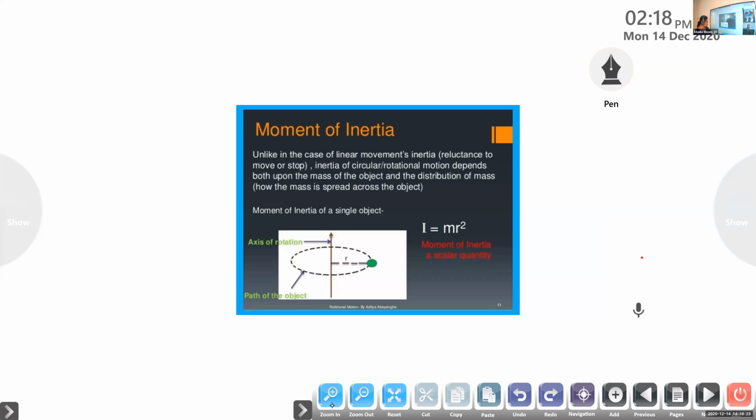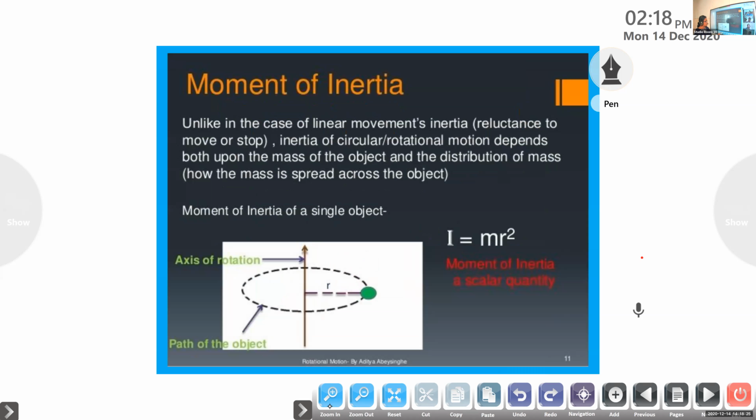So now you come to the last session of this chapter, moment of inertia. In linear motion, we call inertia the ability or tendency of an object to resist its motion. Similarly, moment of inertia, moment of force, moment of angular momentum. You see, in rotational motion, we use the word moment.